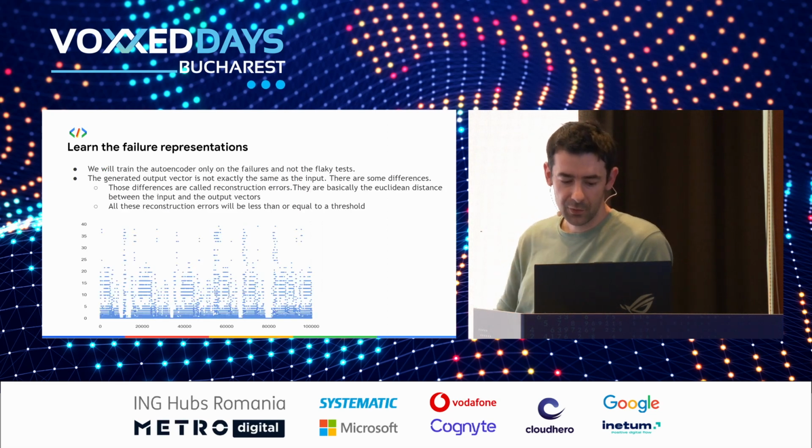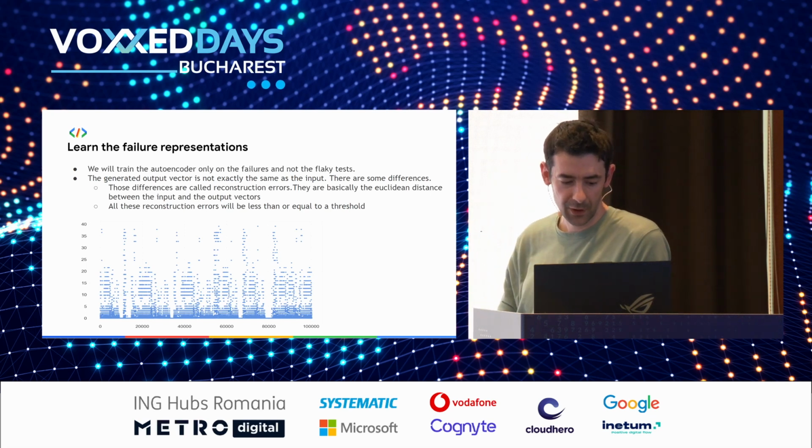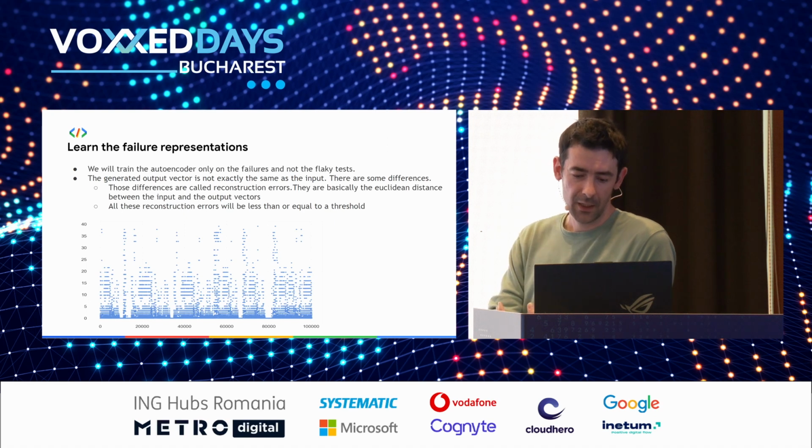So if we plot the features for those test failures, and then we subtract the differences between the input and the output, we're going to have some differences here, and they usually fall below a particular threshold.